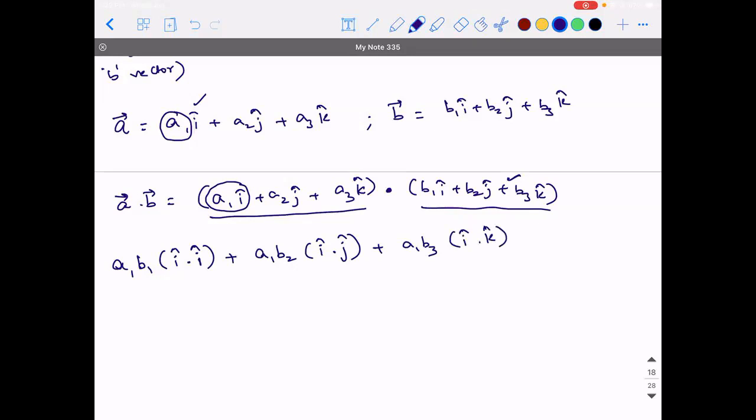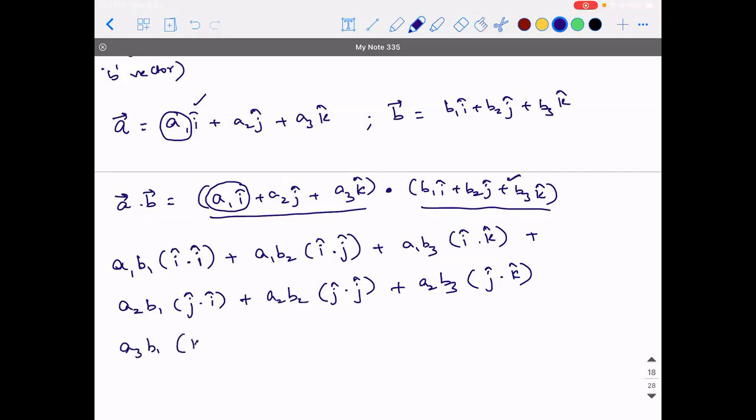Clear? Plus, you guys tell me. A2 B1 J cap dot I cap plus A2 B2 J cap dot J cap plus A2 B3 J cap dot K cap. Similarly, A3 B1 K cap dot I cap plus A3 B2 K cap dot J cap plus A3 B3 K cap dot K cap.